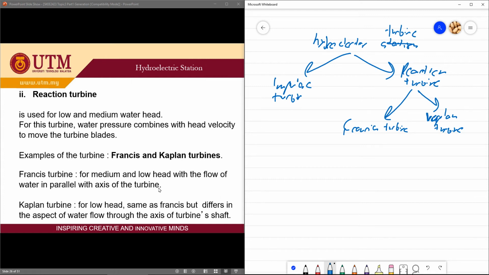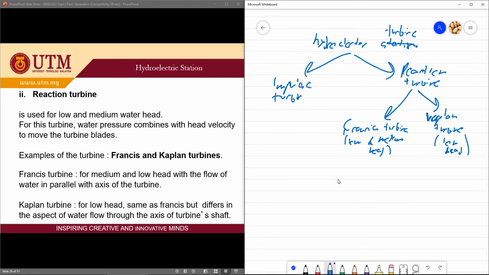This is the difference. Francis is for low and medium head. This one is only for low head. It's not suitable for medium or high. So this is the Kaplan turbine.